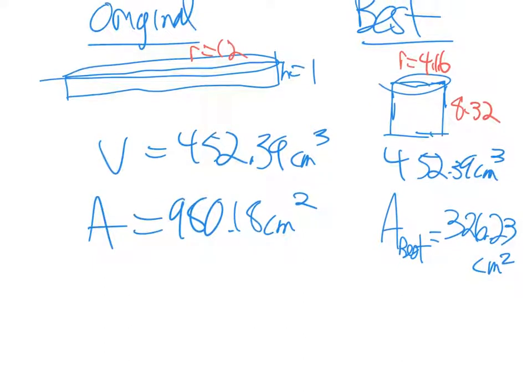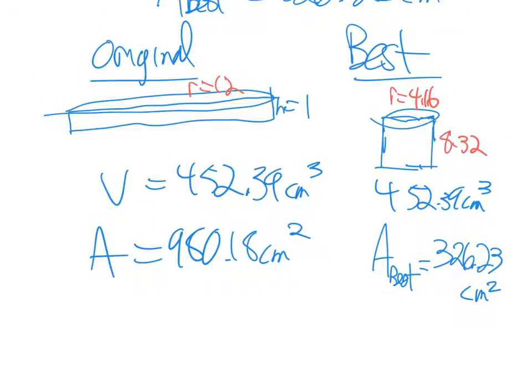So that's the big idea here: the one on the right, the best one, only has an area of 326.23 centimeters squared, whereas this one takes 980 centimeters squared to wrap. So in terms of cost, this one is almost 3 times as expensive to wrap because the area is 3 times as big. They hold the same amount in 3D space, but they sure do have different amounts of area.